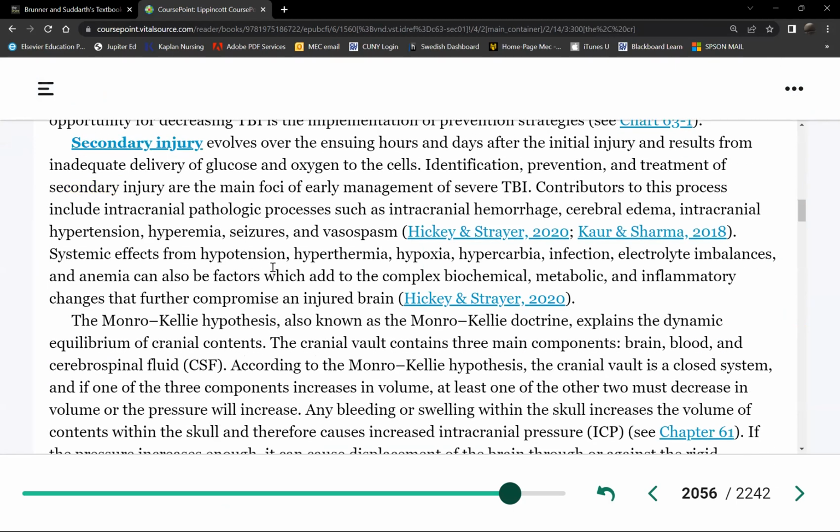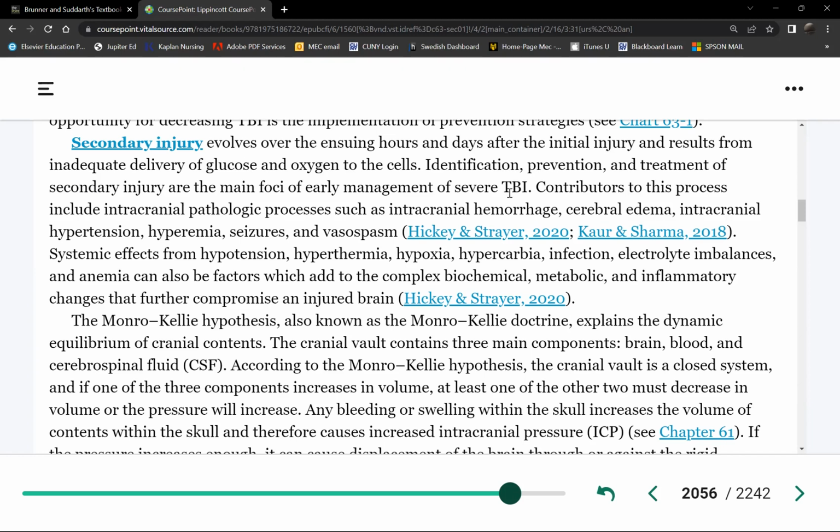Okay, so here are the secondary injuries. These are basically consequences of the primary injury. So the patient's problem does not stop with the primary injury.